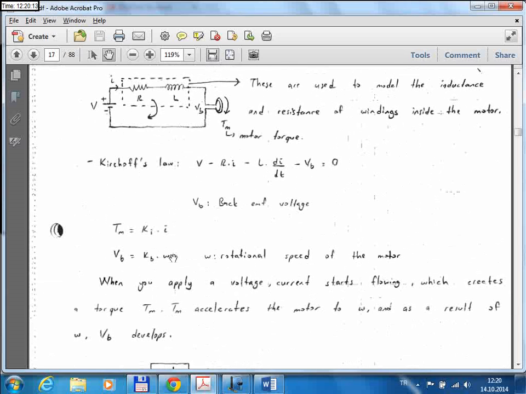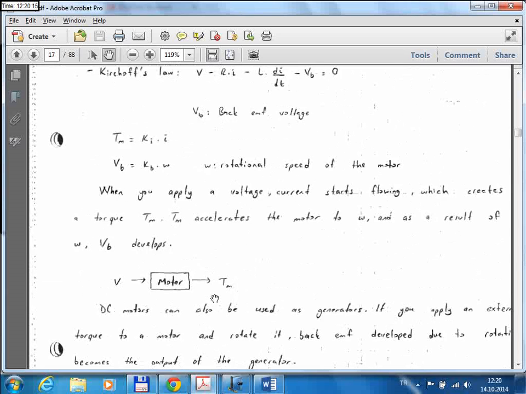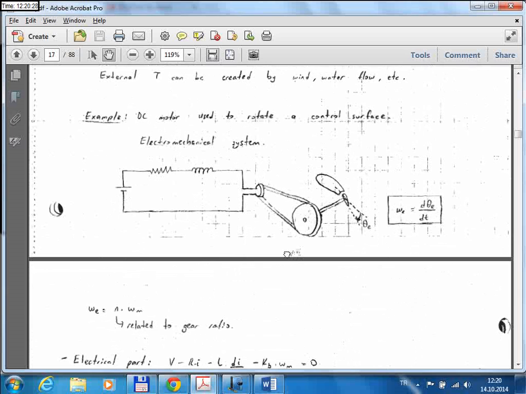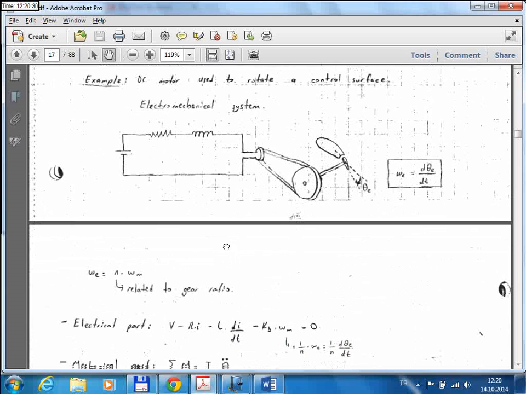Like this omega is equal to that omega. And again, in a real system, there's going to be a gearbox here, which will scale these quantities. But just for the sake of studying this example, we can ignore all of those details.